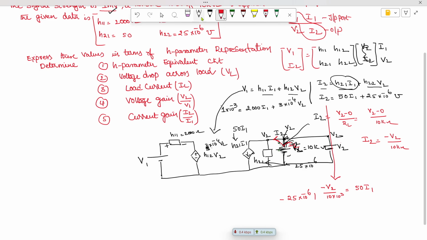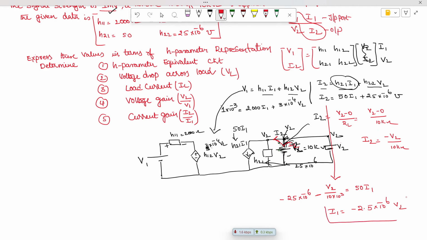So here we are going to have minus. When you solve it and express the value of I1, if you perform this mathematical calculation, you are going to get minus 2.5 into 10 to the power minus 6 V2 is the value you are going to get here.